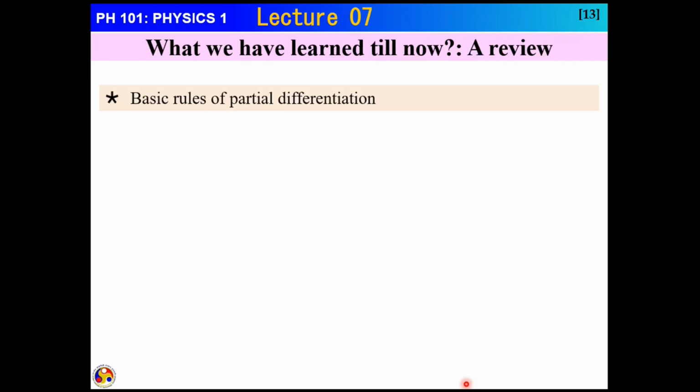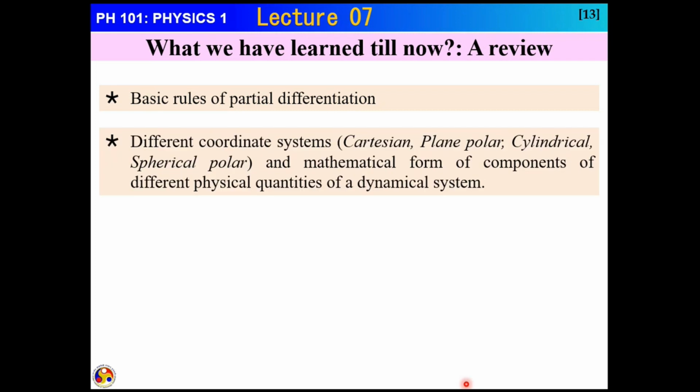Okay, so what did we learn till now? We learned in the first lecture the basic rules of partial differentiation, and then we learned the different coordinate systems. For example, Cartesian, planar, cylindrical in the third class.